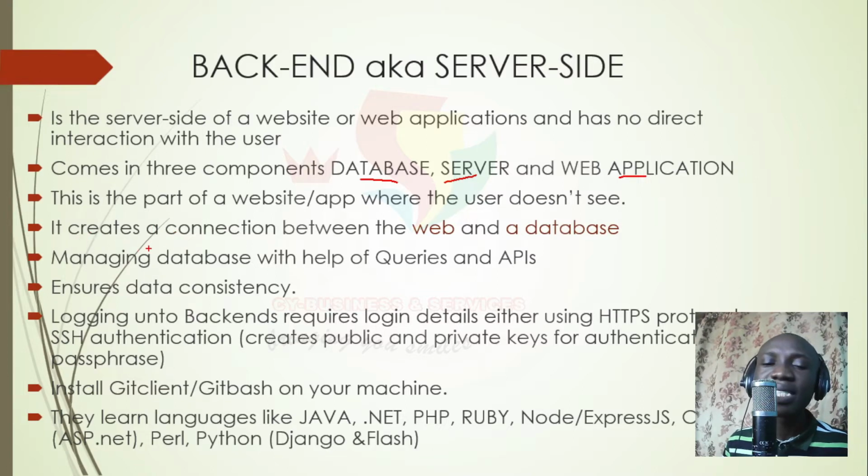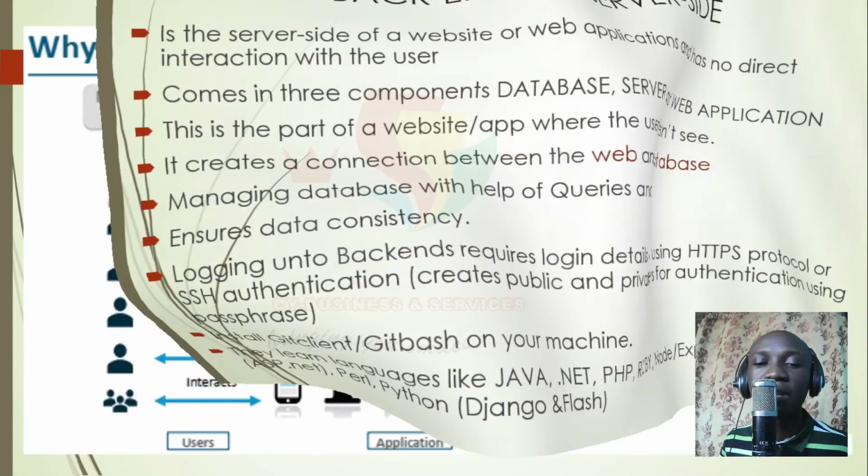It creates a connection between the web and a database, that is if you are adding a database service. These things I will be talking to you about very soon when we delve into it. And there's a whole lot of backend languages over here, like Java, .NET, PHP, Ruby, Node.js, C#, a whole lot of them, which you can really learn from.